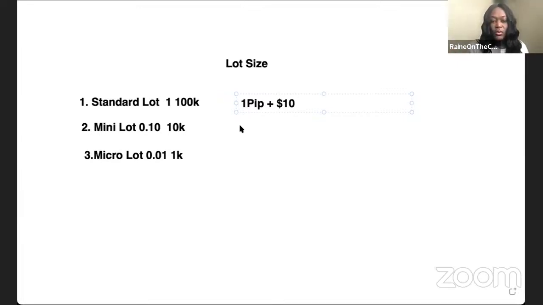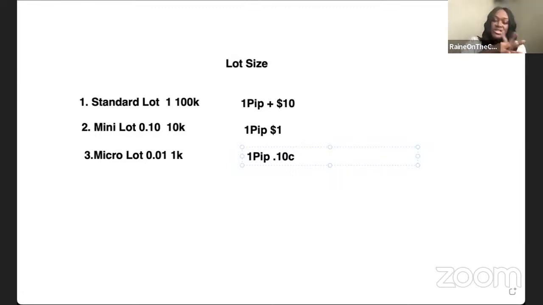Nice, right? Now, with a mini lot, one pip is going to be equal to $1. And with a micro lot, one pip is actually 10 cents. So would you rather make $10 per pip, $1 per pip, or 10 cents per pip is the question. Most people want to make more than 10 cents per pip.